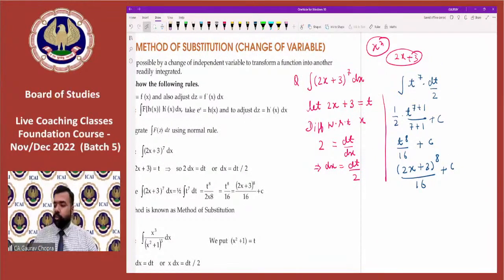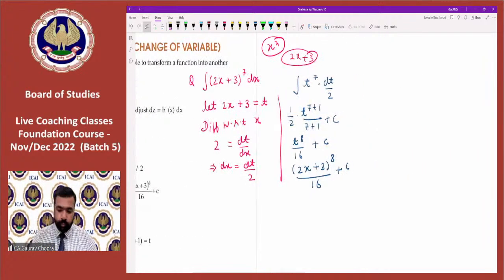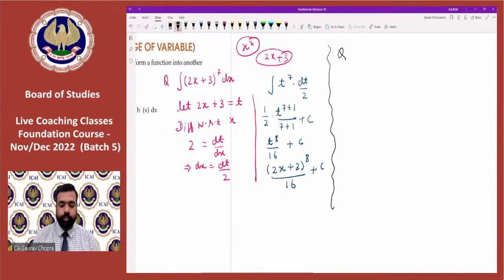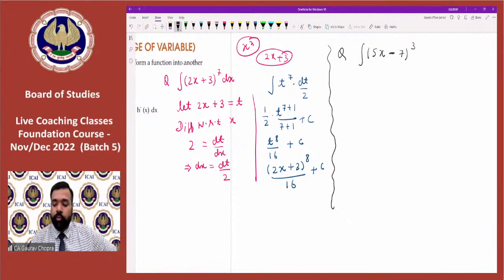So this method is known as the substitution method. Let us try one more question so that you can get more idea how to solve using the substitution method. This time, let's integrate (5x minus 7) to the power of 3.